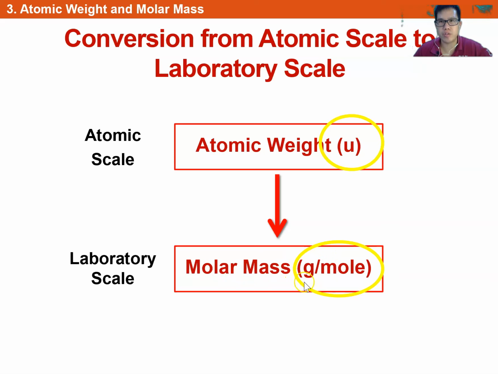We can measure grams using our weighing scale. Our weighing scale doesn't have the unit U, so we can do a direct conversion. Whatever is in U, we can convert to molar mass, grams per mole. I'm going to discuss more about what a mole is. You know what a gram is already, right? Per mole, let's look at what a mole is.